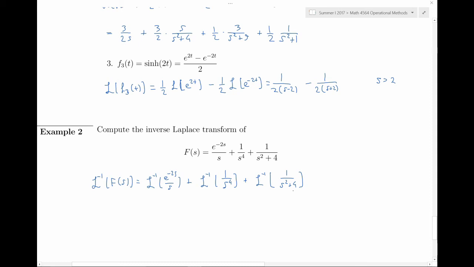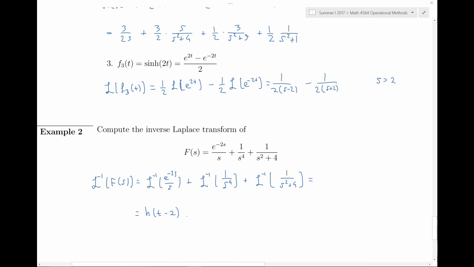Well, these formulas don't quite match exactly the formulas we developed. So I'm going to put in some coefficients. The first one is actually quite easy. It's just a Heaviside function of t minus 2.